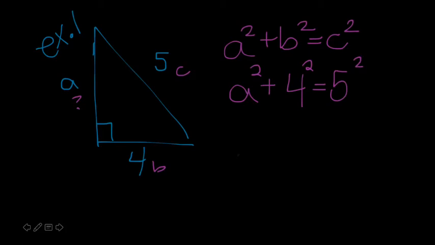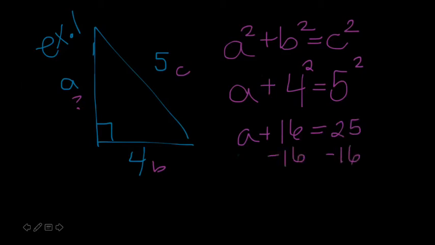So what we're going to do is just solve this as if it was an equation. If I just had a plus 4 squared equals 5 squared, I would say a plus 16 equals 25. I would subtract 16 from both sides, and I would end up with a equals 9. Now the difference here is I do have an a squared.